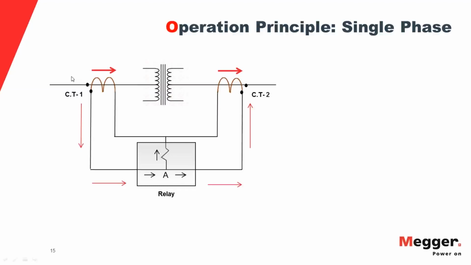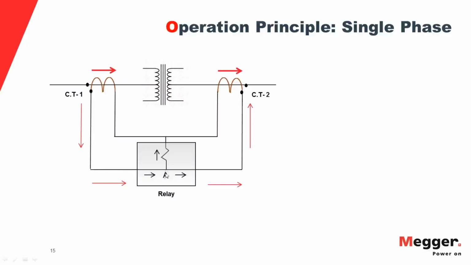So according to Kirchhoff's current law at node A, my current entering would be equal to my current leaving. If I have both the CTs exactly the same and the ratios are also compensated, then I would see no current flowing through my operate winding.